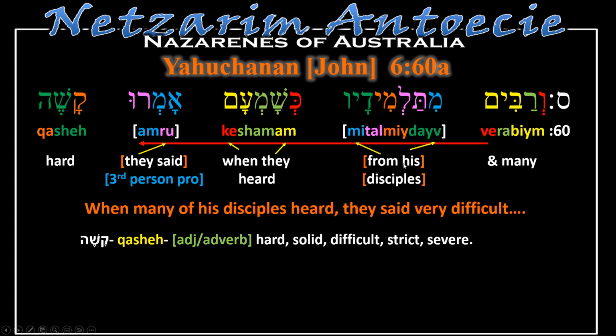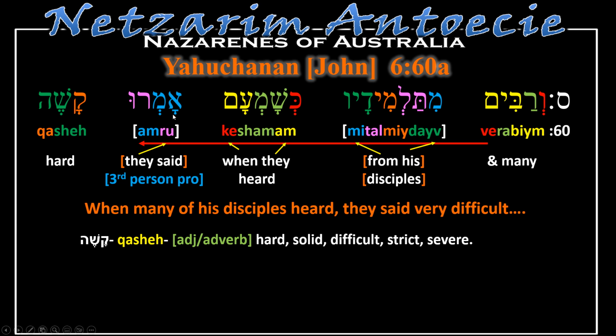So we know it's from his disciples. Ke shamam. Now the kaf could be like or when they heard. The ending with the kamatz and the mem means them or they. When they heard or like they heard. So when they heard is probably more appropriate.